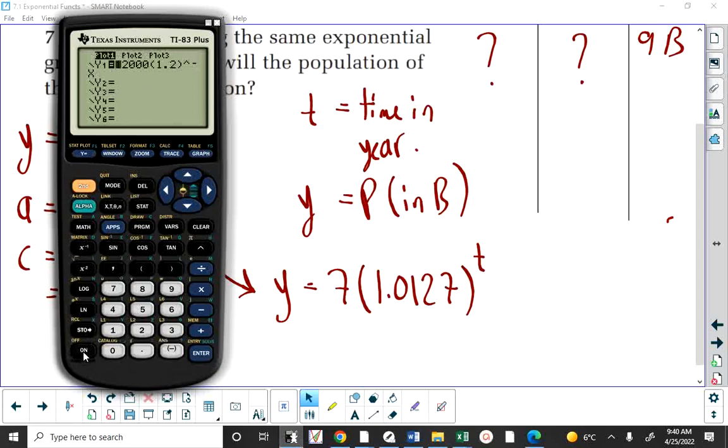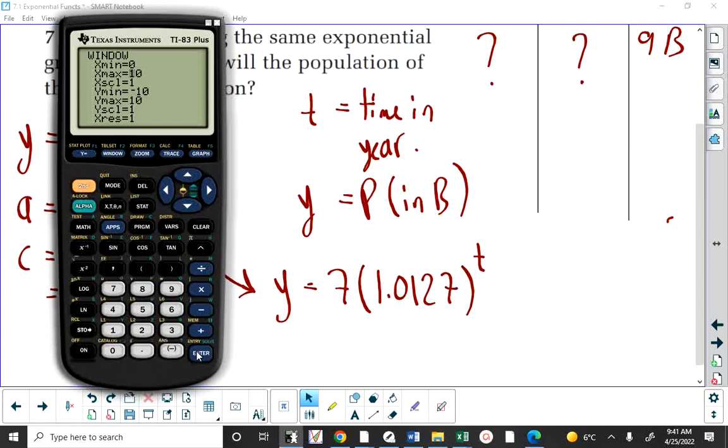So if we graph y equals 7 times 1.0127 raised to the x, we will get a graph that starts at 7 and goes up. So that helps me with my scaling for my window setting.